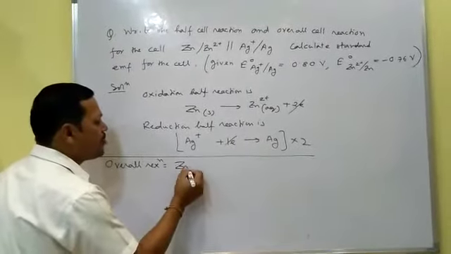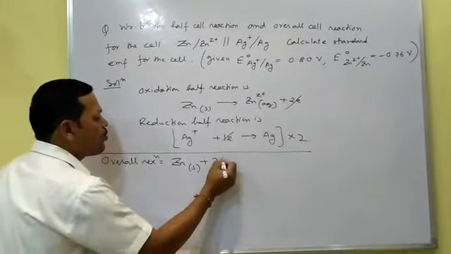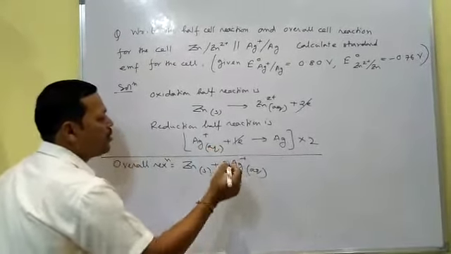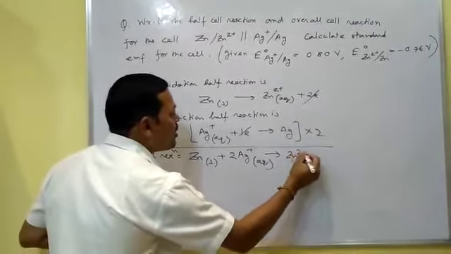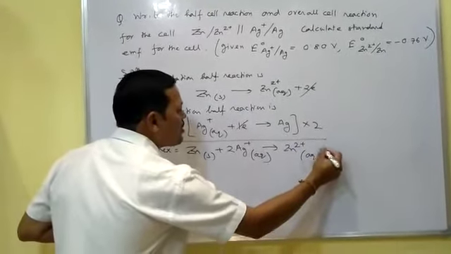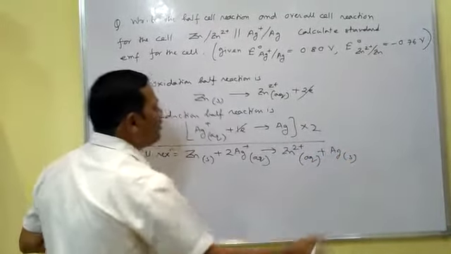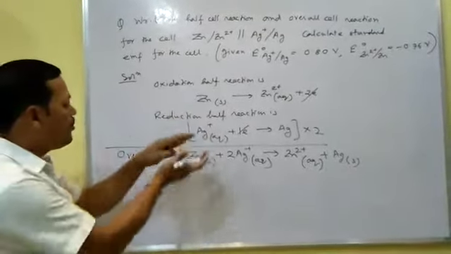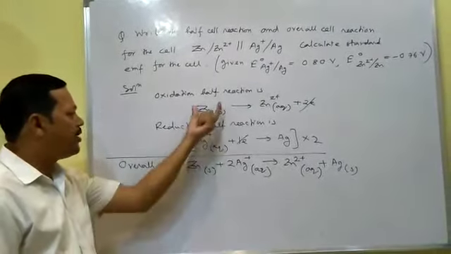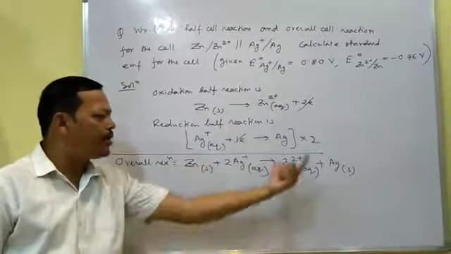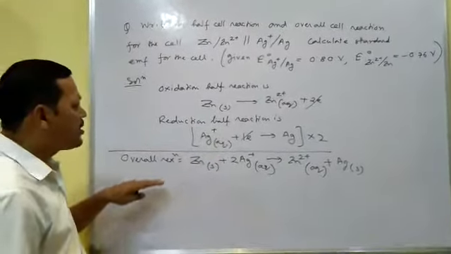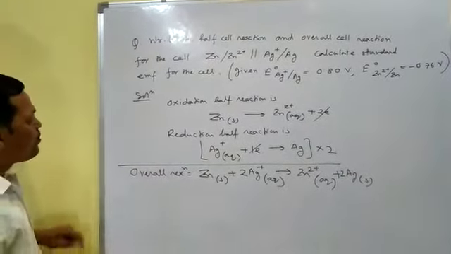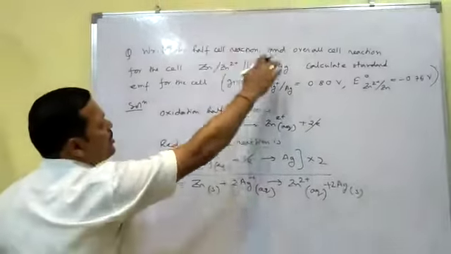Then the equation becomes Zn solid plus 2 Ag plus aqueous gives Zn2 plus aqueous plus 2 Ag solid. So this is called the oxidation half reaction, this is called the reduction half reaction. When you combine both, then you will get the overall reaction. Reactants you write on the reactant side, products on the product side. Now this is about the half cell reaction and overall cell reaction.